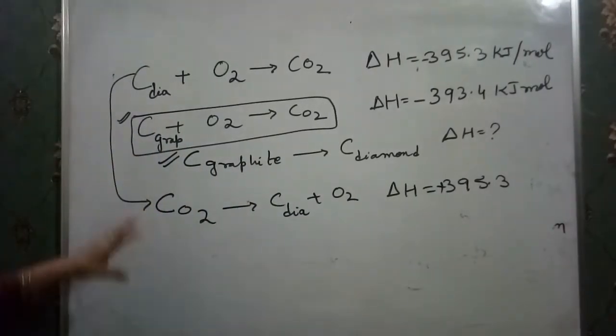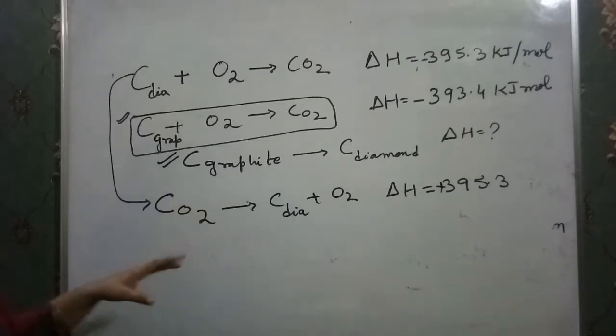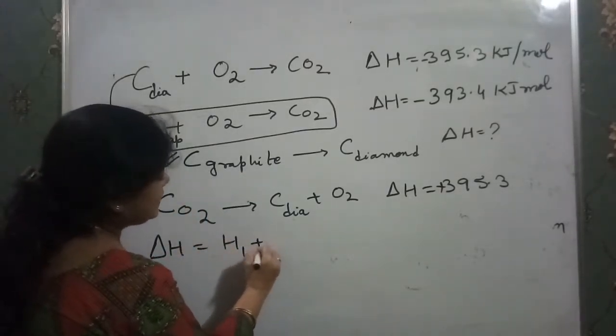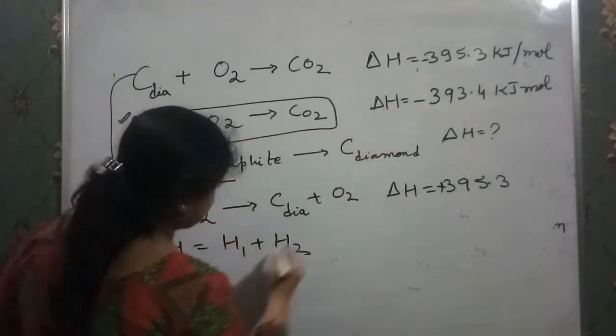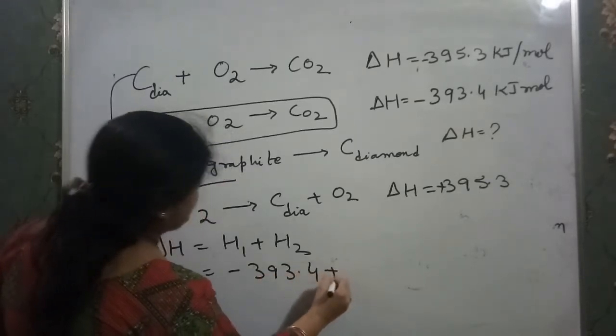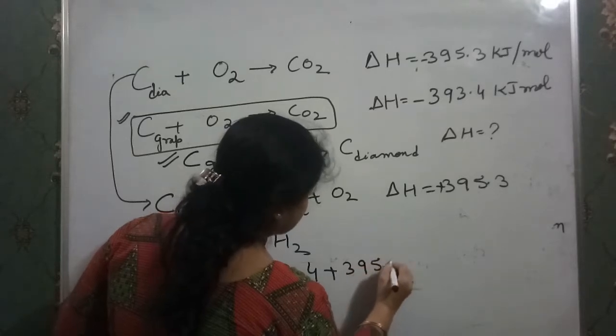So according to Hess's law, we just find the total enthalpy by doing the summation. Total enthalpy is equal to H1 plus H2. For graphite, the enthalpy value is minus 393.4, and for diamond we have now 395.3.